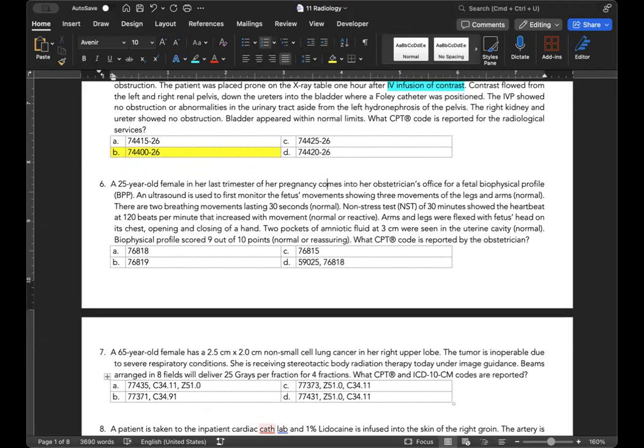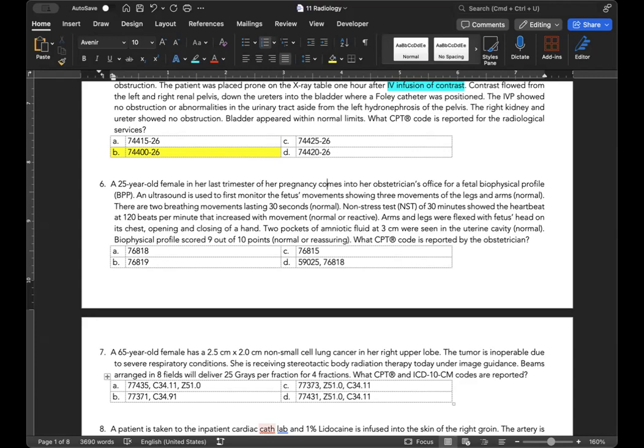Number 6, a 25-year-old female in her last trimester of pregnancy comes into her obstetrician's office for a fetal biophysical profile, or a BPP. An ultrasound is used to monitor the fetus's movements, showing 3 movements of the legs and arms, which are normal. There are 2 breathing movements that last 30 seconds, which is normal.